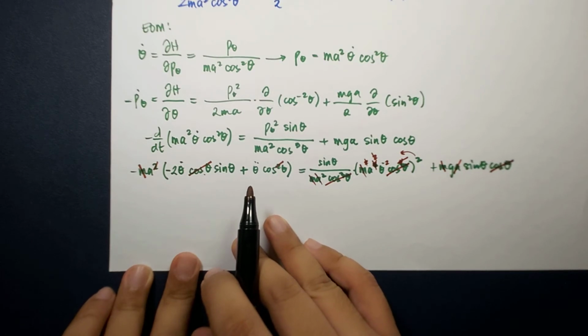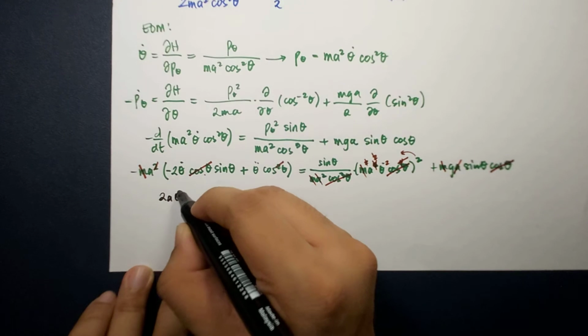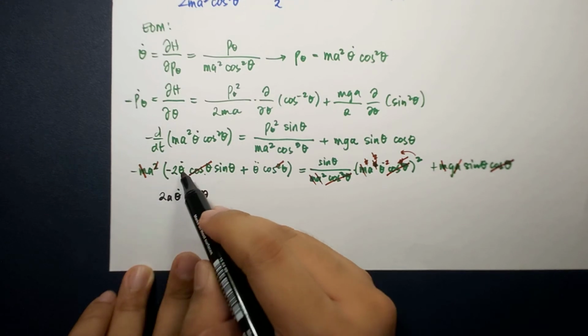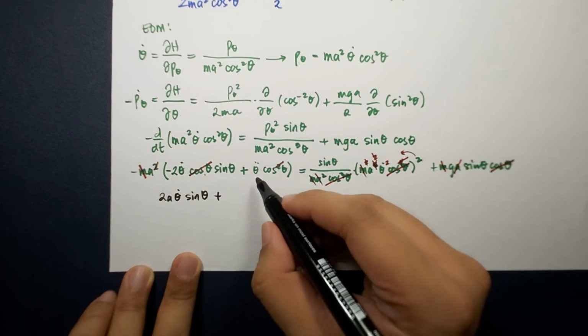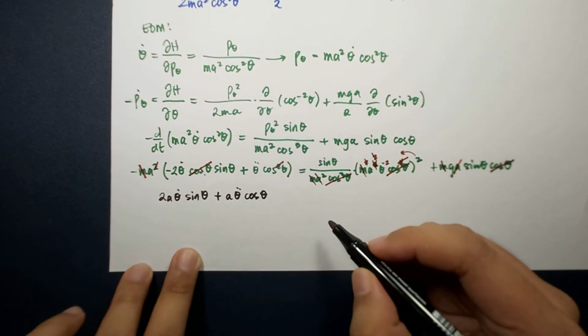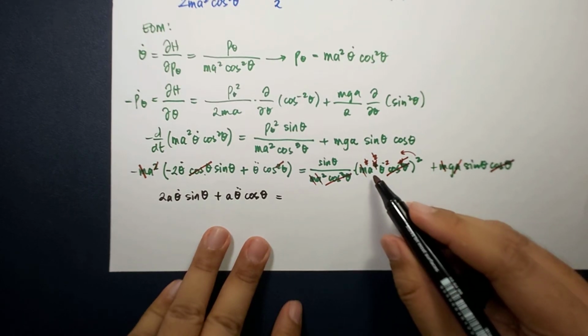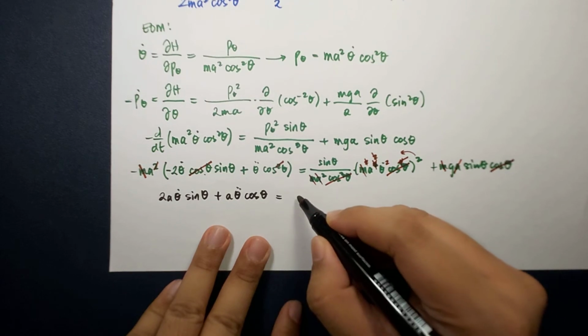Okay, so this is 2a theta dot sine theta, so 2a theta dot plus sine theta plus a theta double dot cosine theta equals, so this is a theta dot squared.